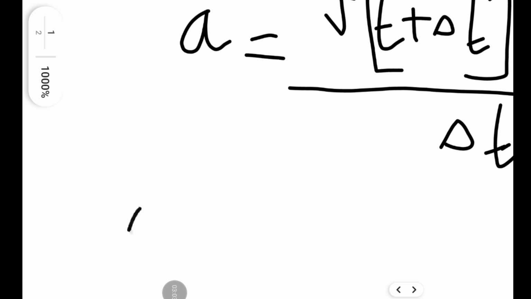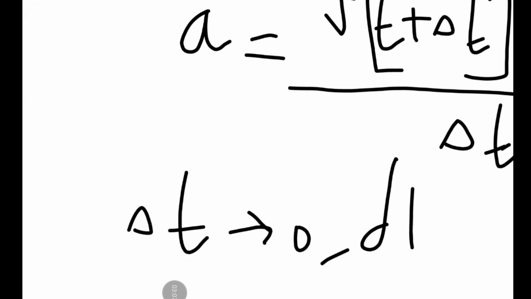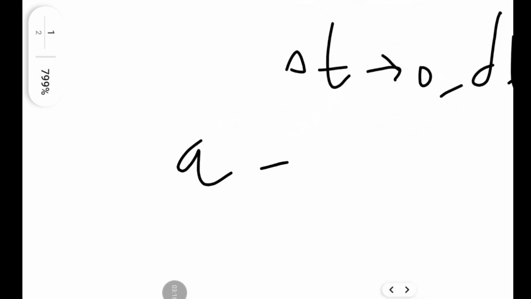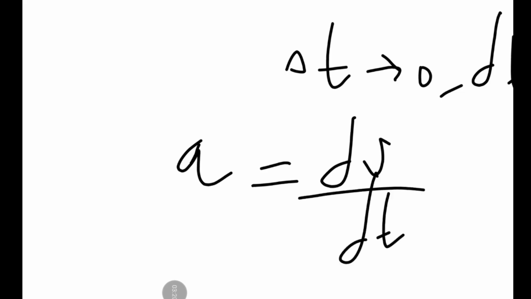And as change in t approaches zero, it becomes dt, an infinitesimally small change in time. So therefore, again, acceleration is equal to dv by dt.